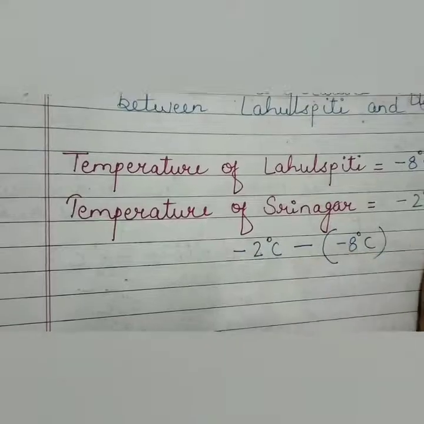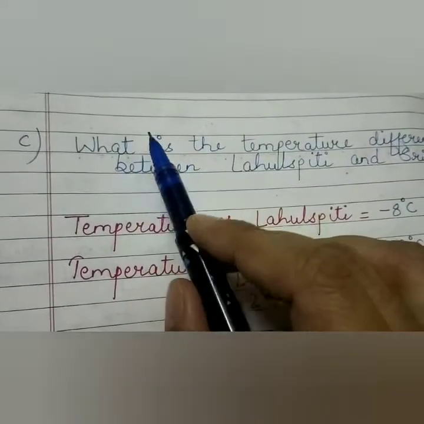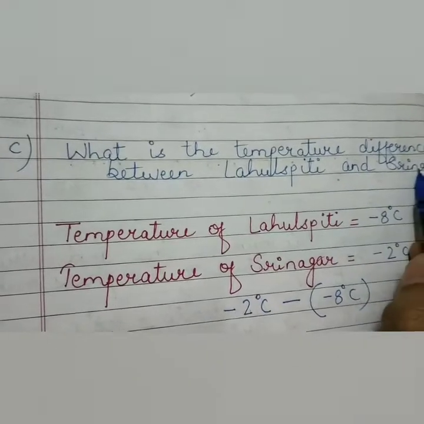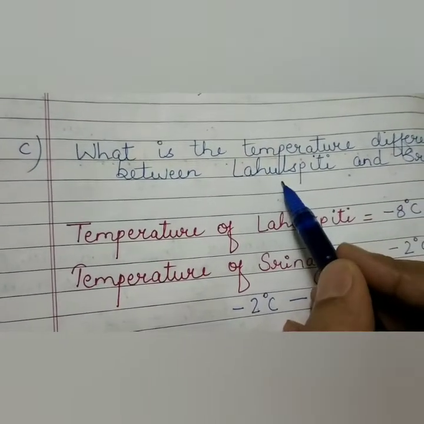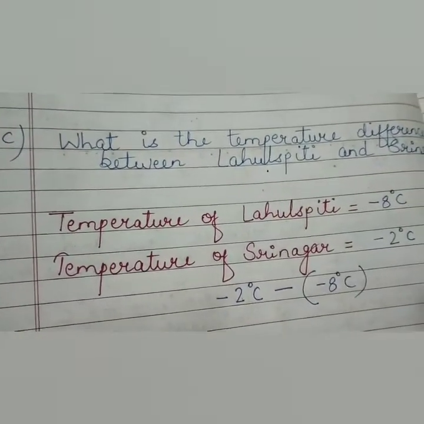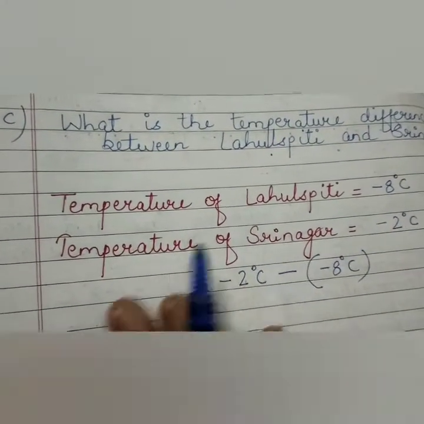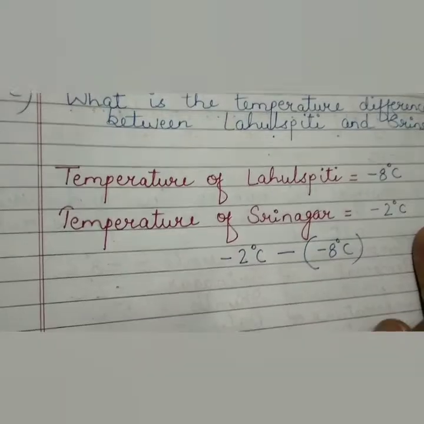I hope you all have understood, because here they have mentioned what is the temperature difference between Lahaul Spiti and Srinagar. So you must be thinking that we have to write the temperature of Lahaul Spiti first, then Srinagar. But I hope you all have understood why I have arranged the numbers like this.